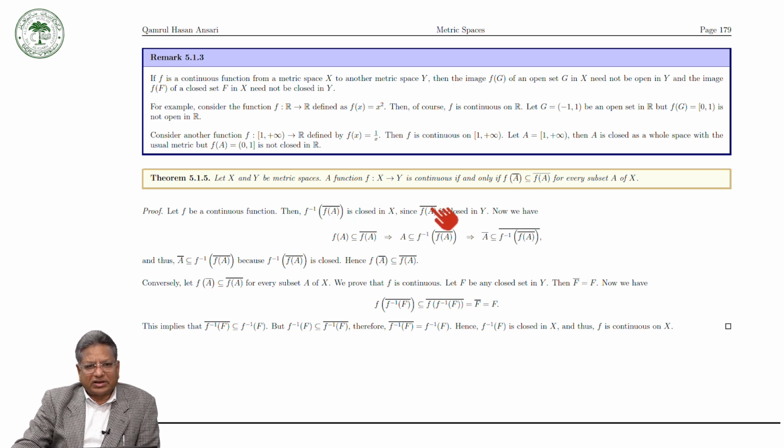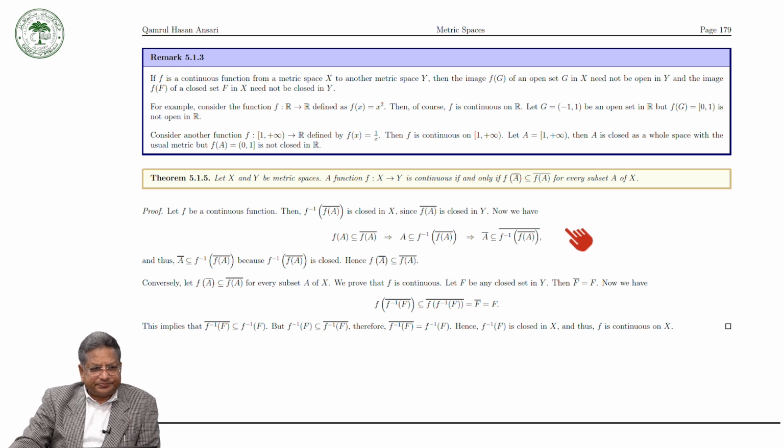Now we have f of A is a subset of closure of f of A. We know that for any subset A, A is a subset of closure of A. So you operate f inverse on both sides, and we will see that A is a subset of f inverse of closure of f of A. Now we can take the closure on both sides, so closure of A is a subset of the closure of this term.